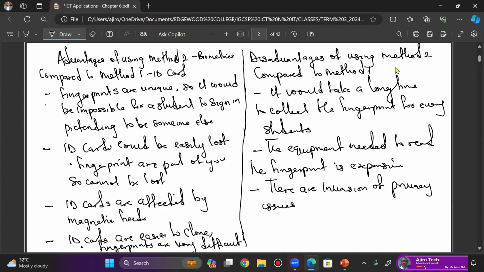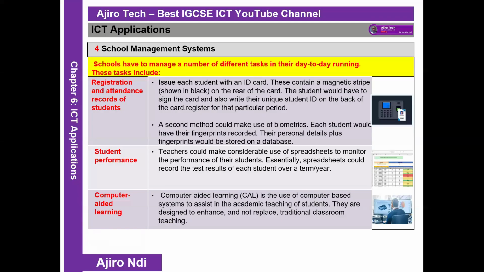Talking about student performances, we use spreadsheets to monitor the performance of the students. I have now, for my form room, designed a more advanced spreadsheet where I can monitor all the performances of my form room, because the whole idea is that I want to see where they are making progress, where they're not making progress, and how I can come in as much as possible.